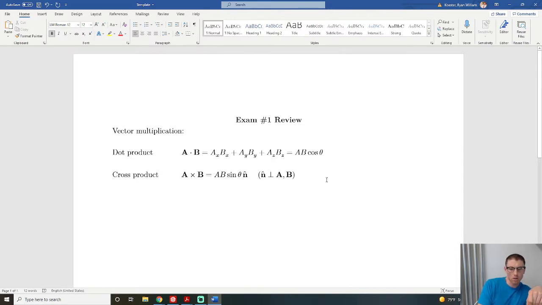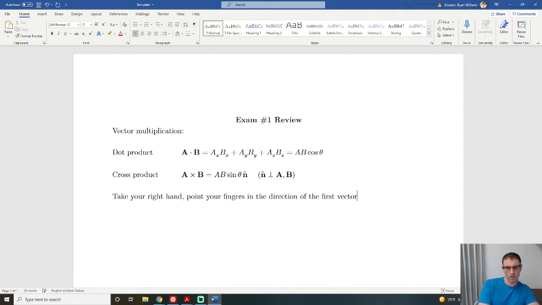So let me try to put this in words. Take your right hand, point your fingers in the direction of the first vector, then curl your fingers in the direction of the second vector to get the direction of the resulting vector.